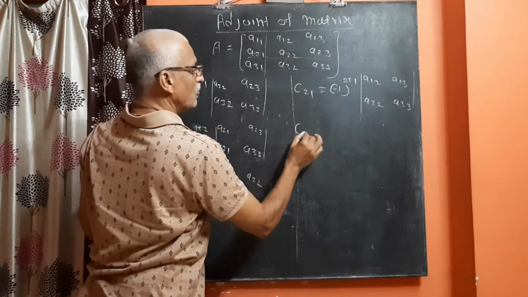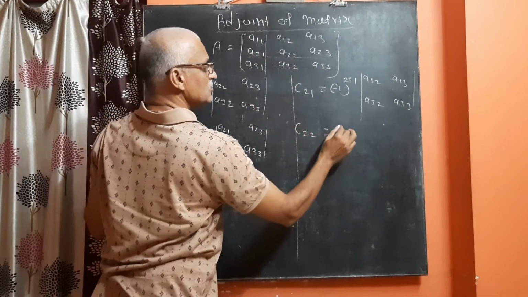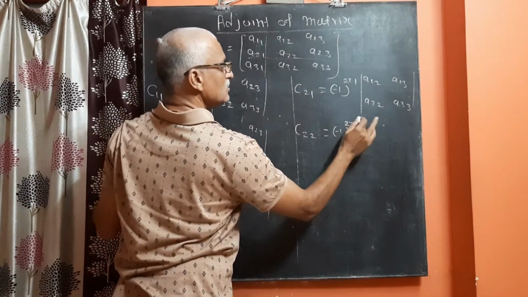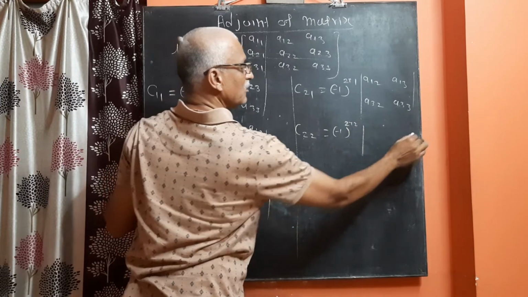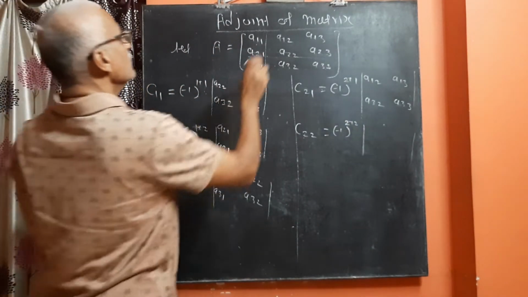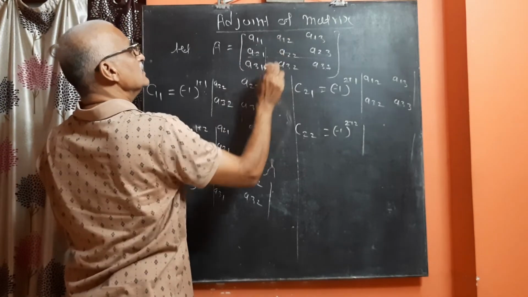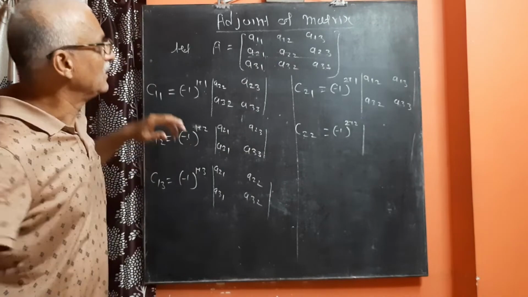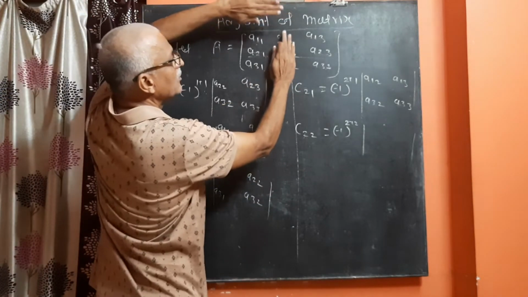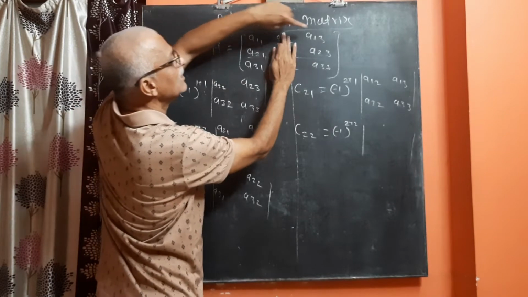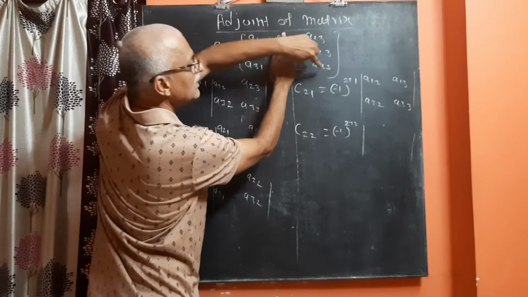Now cofactor of C22 is equals to minus 1 raised to 2 plus 2 into determinant of. Minus 1 raised to 2 plus 2, meaning again the second row is gone, and this column is gone too. What remains is A11 A13 and A31 A33.